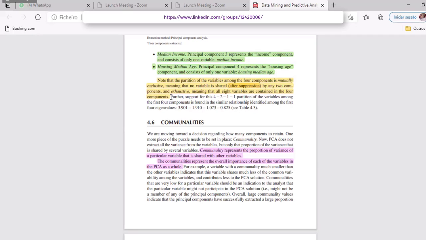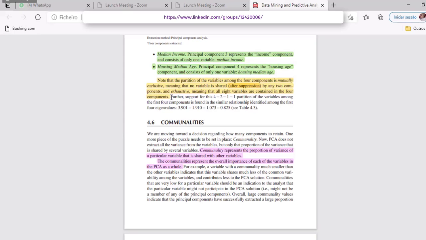And all of these analyses that we did till now, and Anna described them very well, are related to this matter: we want to get to a point where we have components that describe all the variables in our model, but are independent.